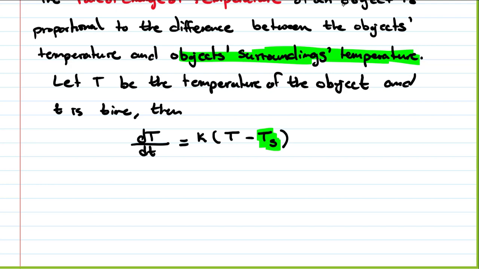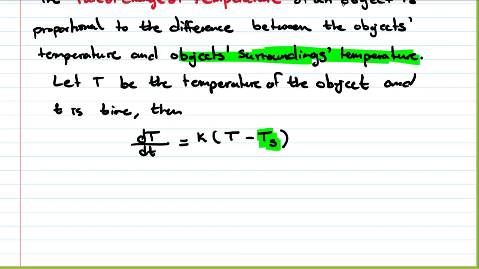So the bigger the difference, the faster it's going to cool off, right? When you first pull something out of the oven, it's going to cool off faster. But the closer something gets to room temperature, the slower it is going to cool down. That's what this differential equation is telling us, is that the rate of change of temperature is proportional to the difference of the object's temperature and the room temperature.